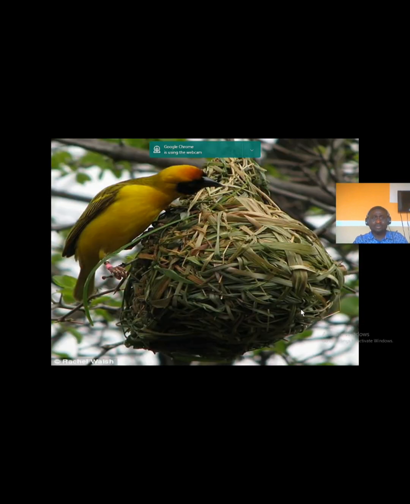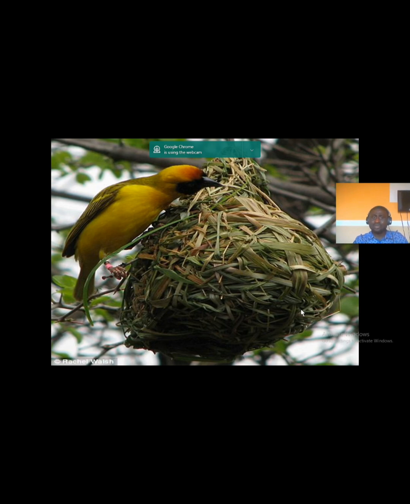This is a particular bird, a hummingbird, and it has made its nest on the branch of a tree. Now it is doing this to serve as shelter and for safety for it and its young ones. Now, there are natural predators of birds that tend to feed on birds.